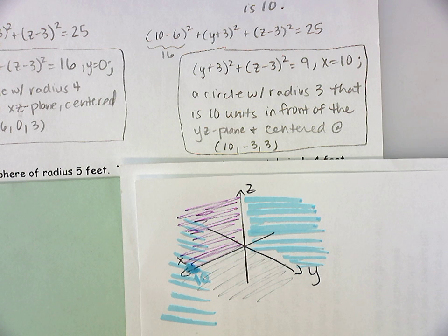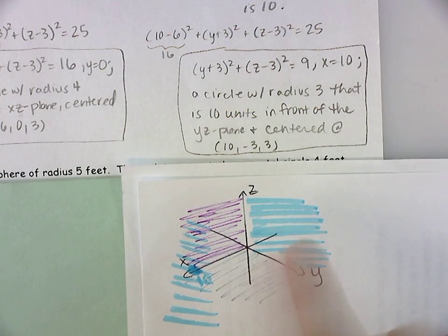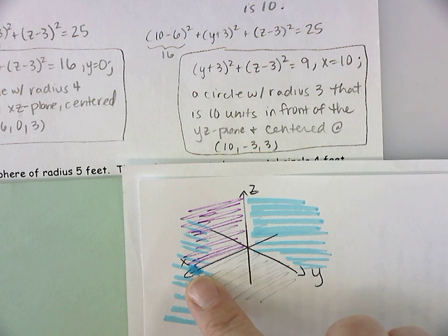And then, Anuba, did you have a question for me? I was confused on how you got the YZ plane. Oh, for this one? Yeah. So it's just imagining this in 3D. So think of the room from yesterday.